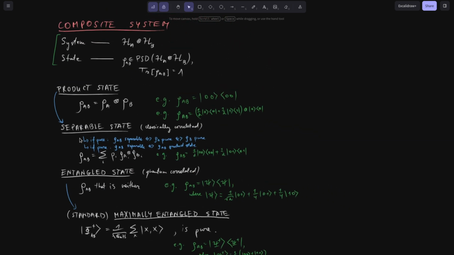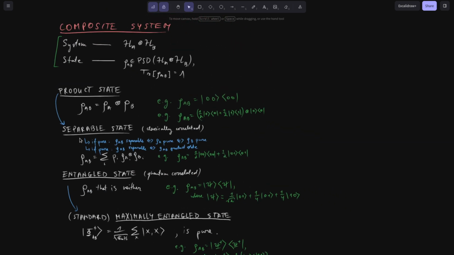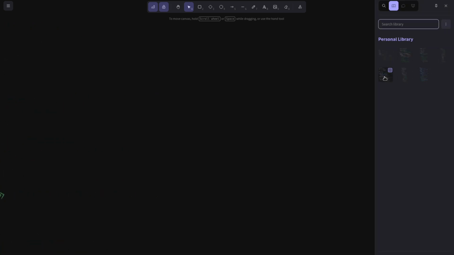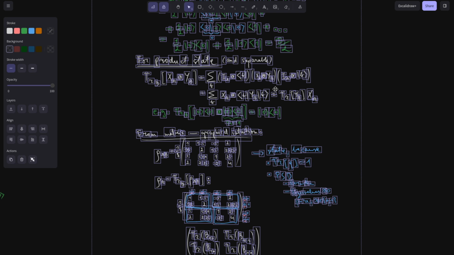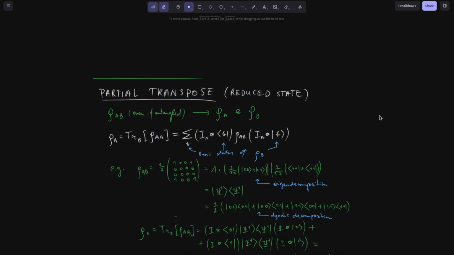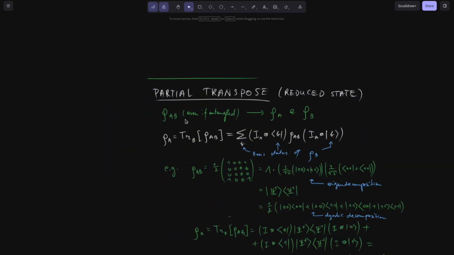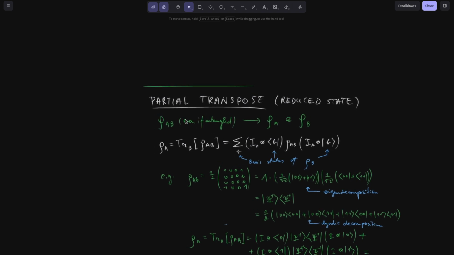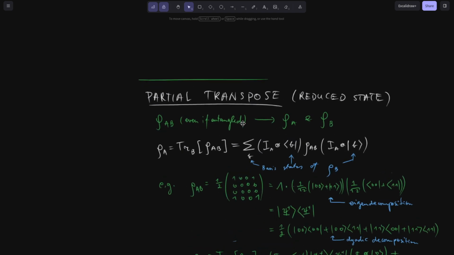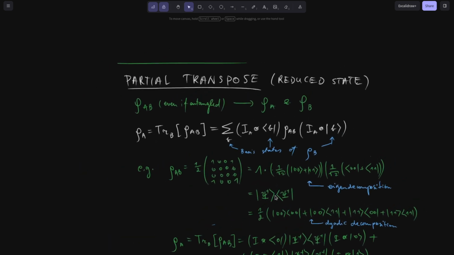Now, what can we do with that? Firstly, we can have a reduced state. That means if we have a composite system, we can somehow extract one of the systems. Now, what's the catch? The catch is that we lose information.